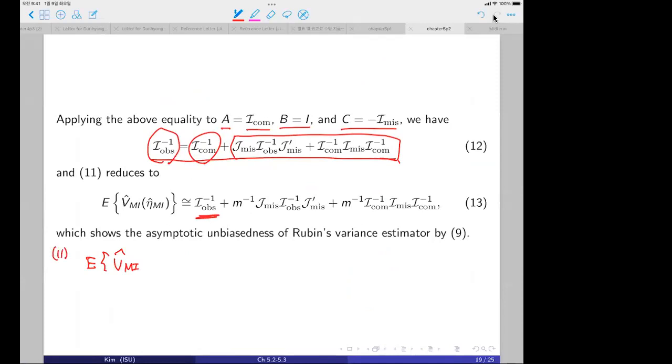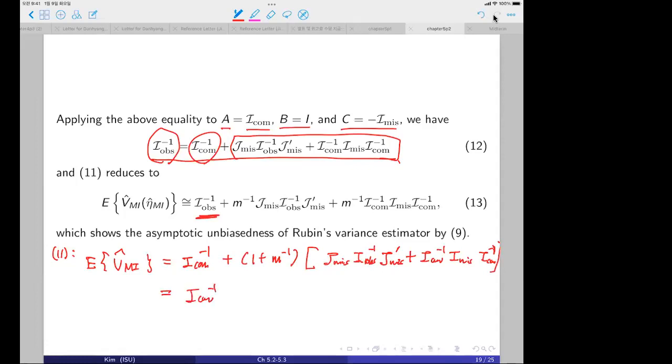So 11 is I inverse plus 1 over m, and then these two, J_miss I_obs inverse J_miss prime plus I inverse I_miss I inverse, right?